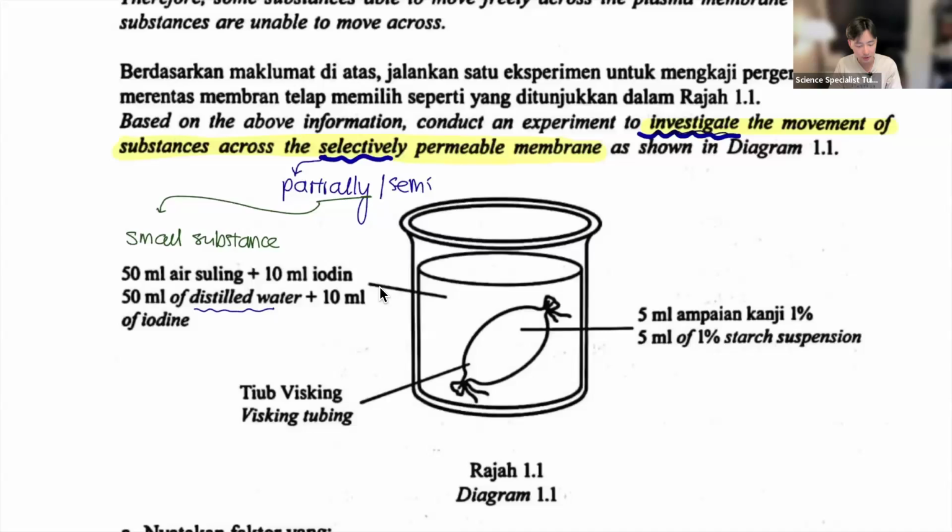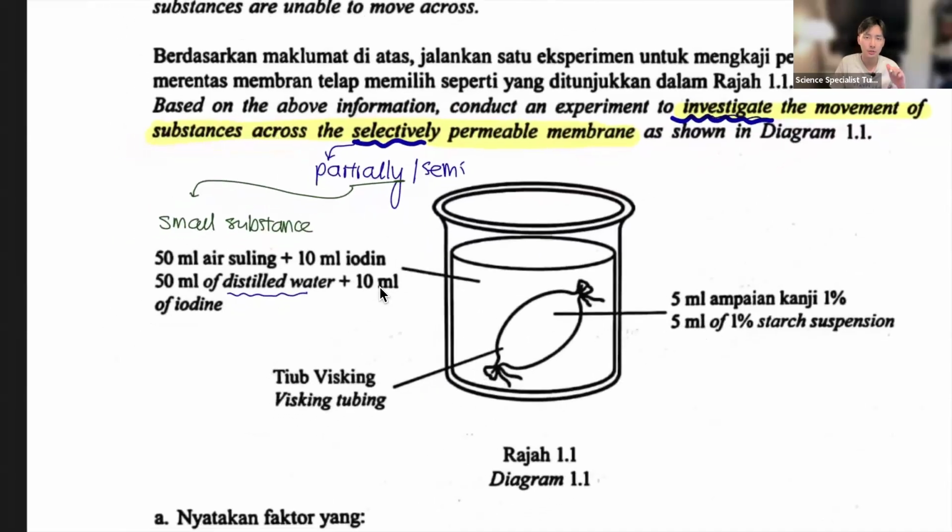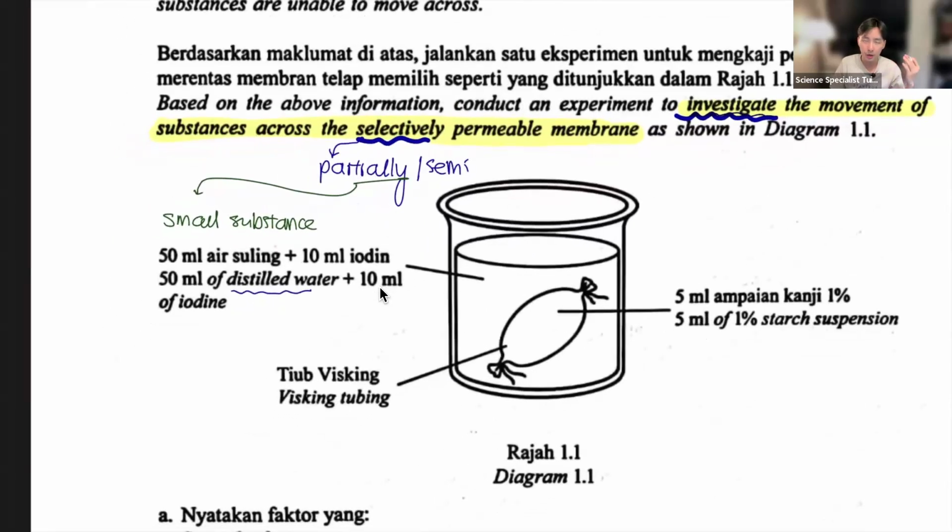What is meant by distilled water? Distilled water is not mineral water, it's not tap water. It's water that has been boiled, and then they collect it from the water vapor. Is the water 100% pure? Not really. It might contain ions. If you want pure water, it's not distilled water, it's called deionized water.